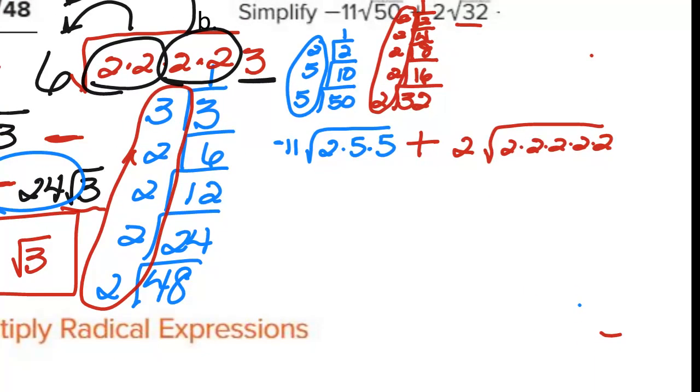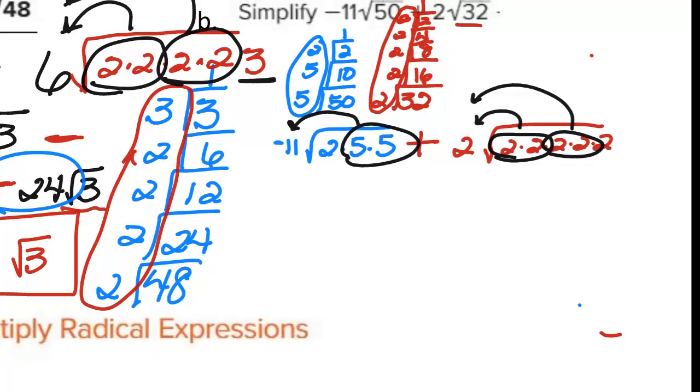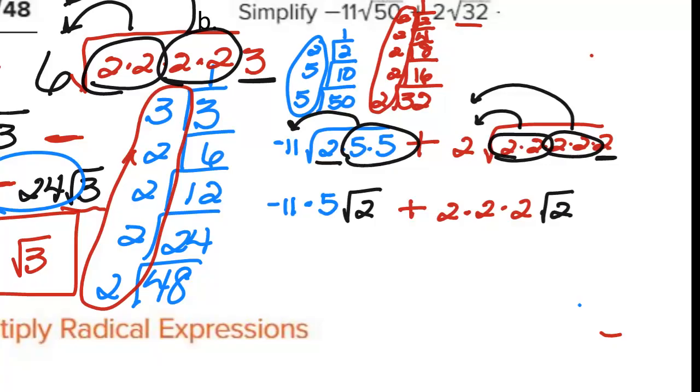Okay? Find your pairs. Here's a pair. Kick it out. Here's a pair. Here's a pair. Kick it out. So I have negative 11 times 5 on the outside. The only thing that doesn't have a pair is that 2, so that's times the square root of 2, plus, here's my original 2, times this first pair of 2's, that's the 2 from that, here's the second pair, and the only thing I don't have a pair for is the last 2 left there.